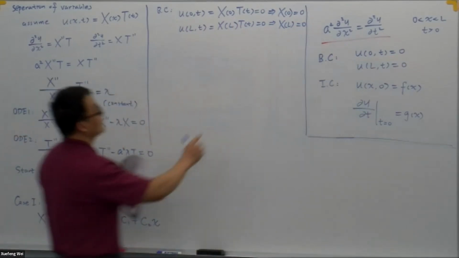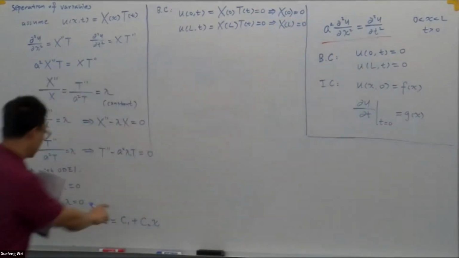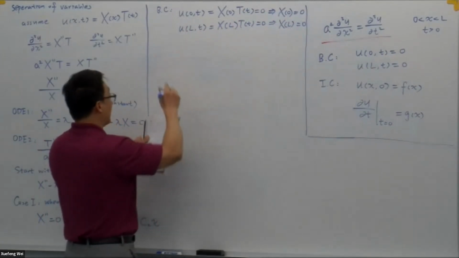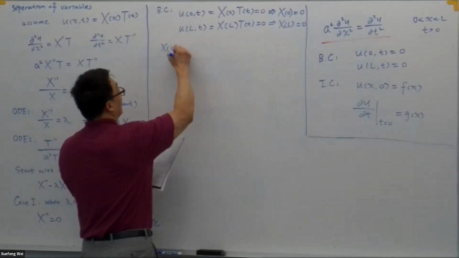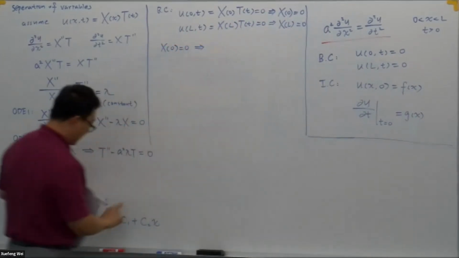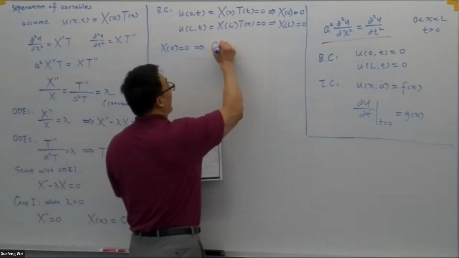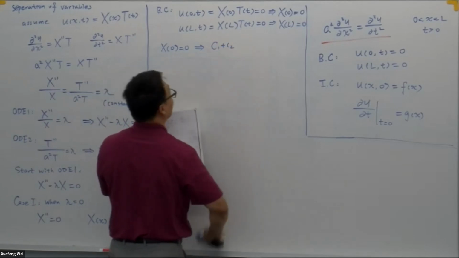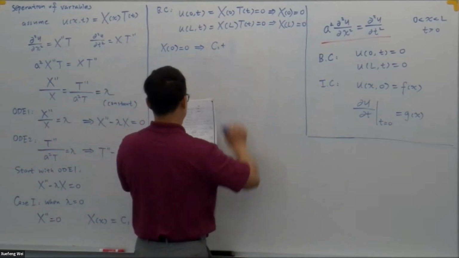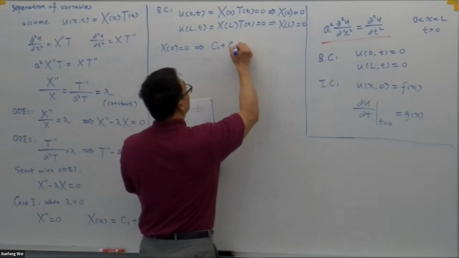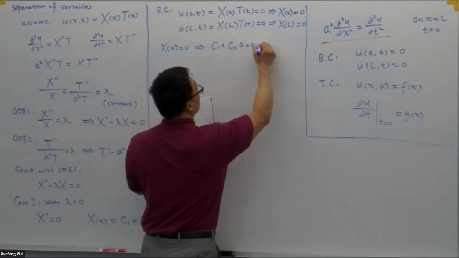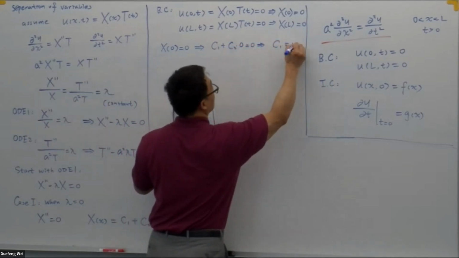Okay, so let's plug these two boundary conditions into here. X(0) equal to zero means C1 plus C2 times zero equals zero, so C1 is zero.